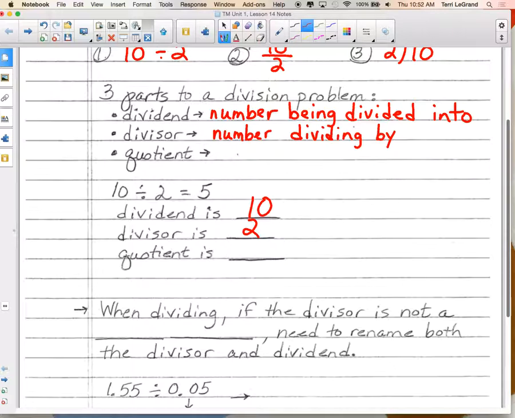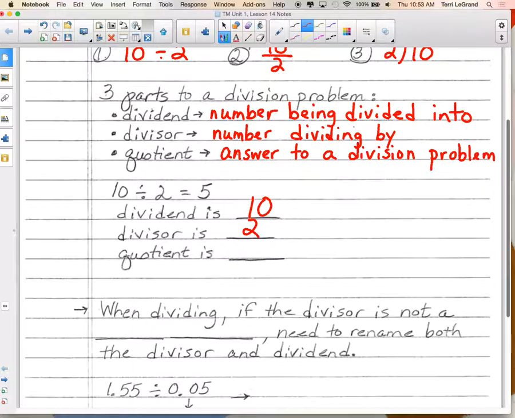And quotient, what's that? Anybody know what a quotient is? It's the answer to a division problem. The quotient is an answer to a division problem. And we can't just say answer. There's lots of problems that have answers. What's the answer you'll get when you do a division problem?